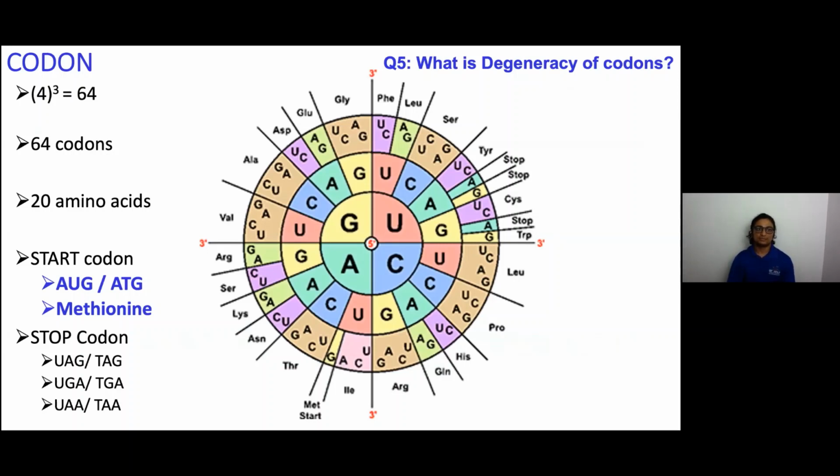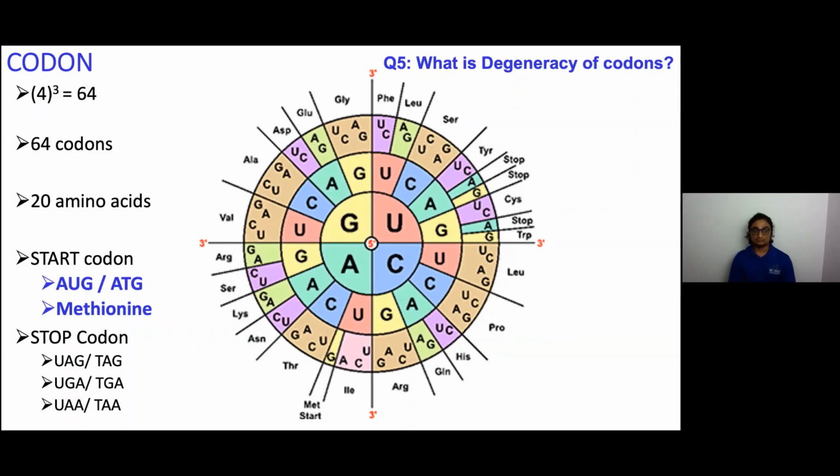We have 4 different bases, and they form triplets, meaning 3 bases make a codon. So if we do the math, the 4 bases and the triplet code will make a total of 64 codons. So in this codon wheel, you can see there are 64 codons, and they code for 20 different amino acids.